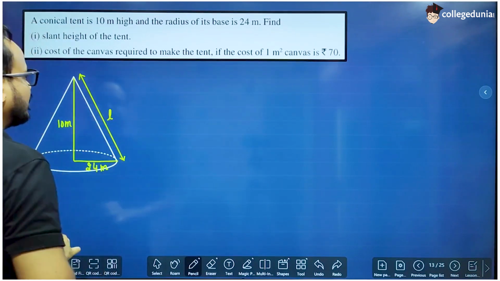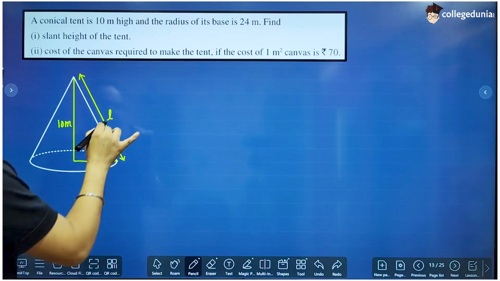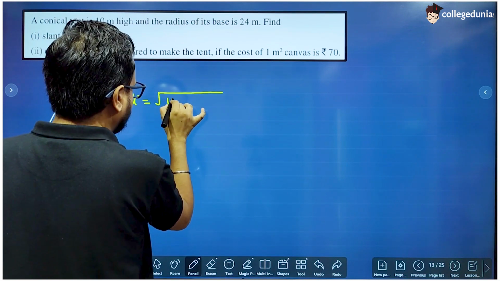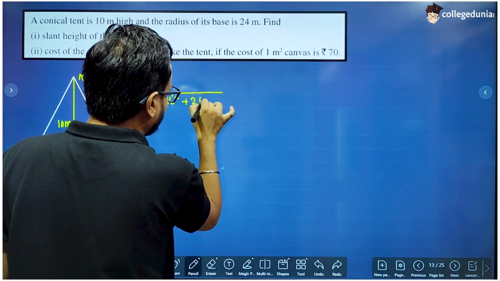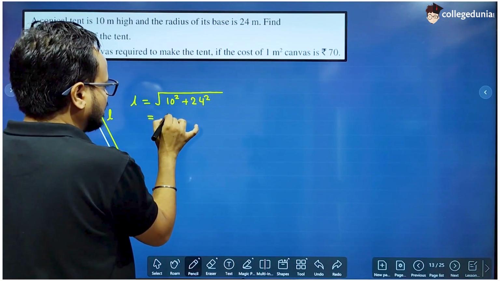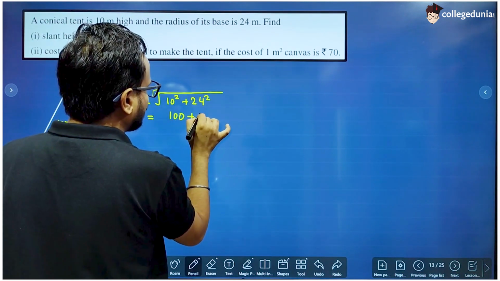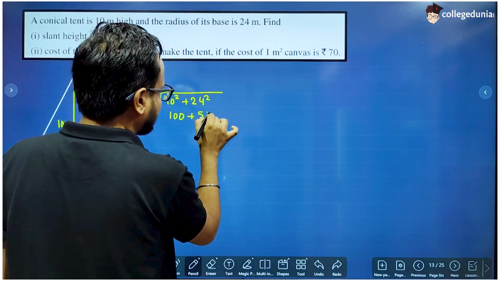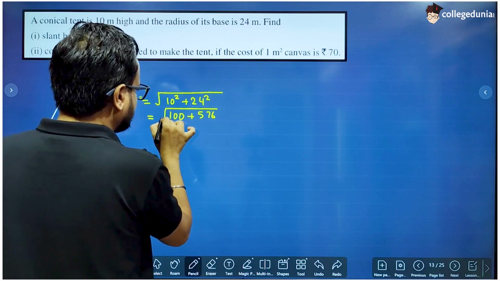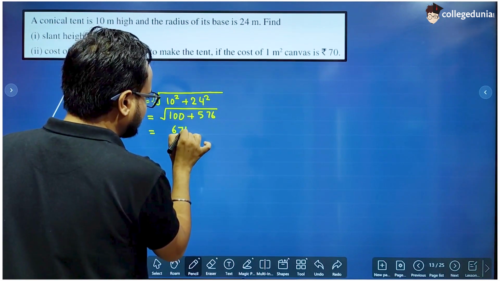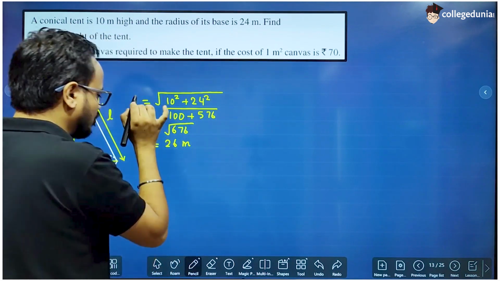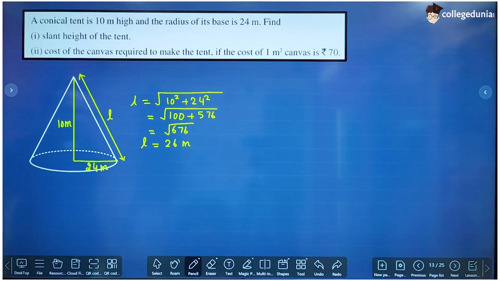So let the slant height of the tent be L. L is under root 10 square plus 24 square. 10 square is 100, 24 square is 576. So this is 676. Root of 676 is 26 meter. So the slant height of the tent is 26 meter.